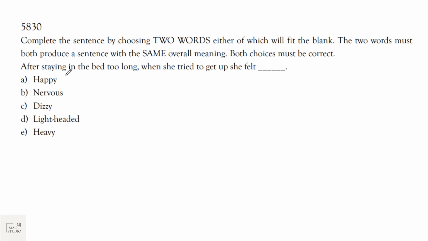After staying in bed too long, when she tried to get up, she felt happy, lightheaded, dizzy, nervous. It should be dizzy and lightheaded. C and D fit in, giving the same meaning.